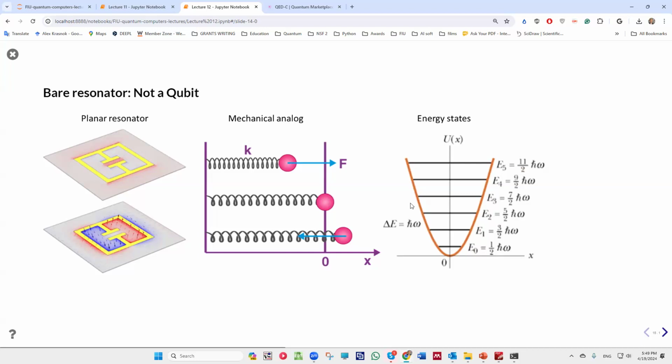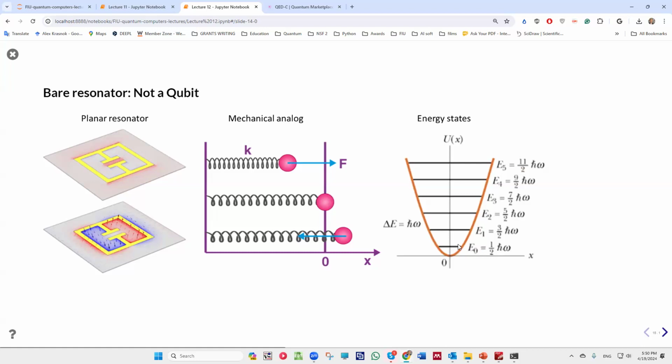And if you quantize the energy of the oscillator, just like the planar resonator, the solution will be quadratic like this for the energy, and you will find the solutions of these energy states. Okay, so let's suppose your system gets the total energy E0.